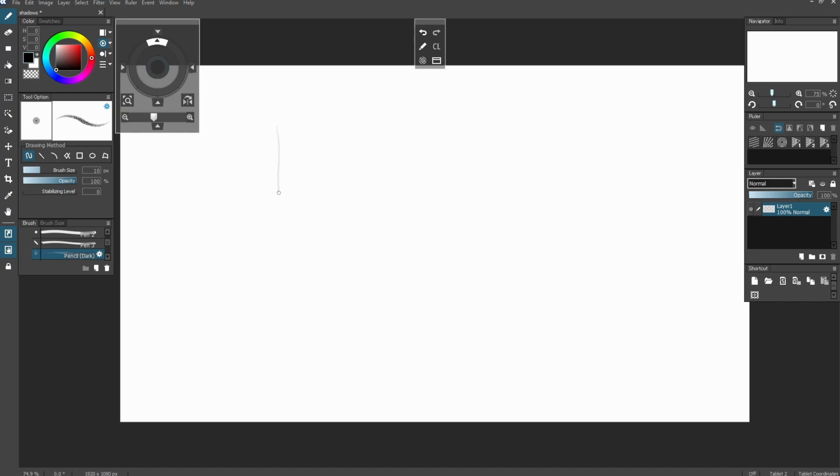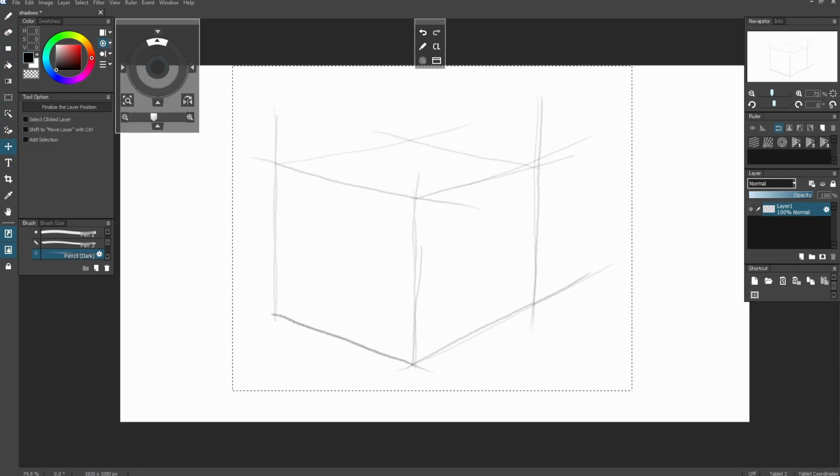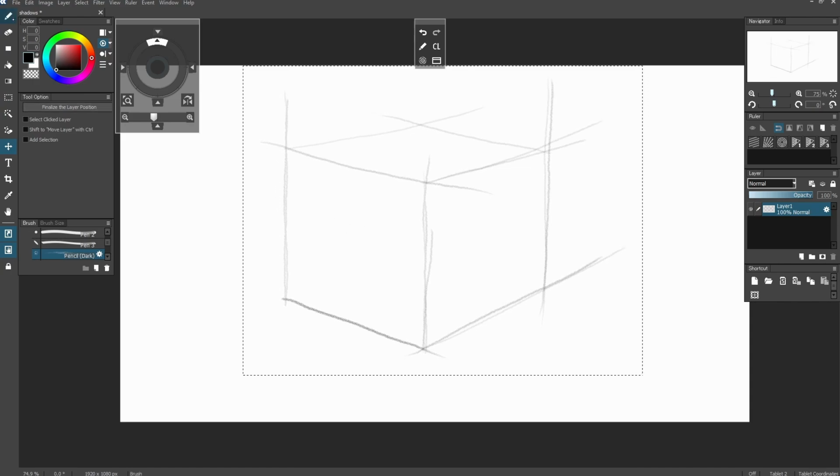So let's draw our reference cube, and since this is going to be based on a cube, let's draw it pretty big. Maybe let's just cut it out a bit so that you can really see that. Okay, so this is done, and I am going to make it a bit higher so that you can see where this shadow is going to go.